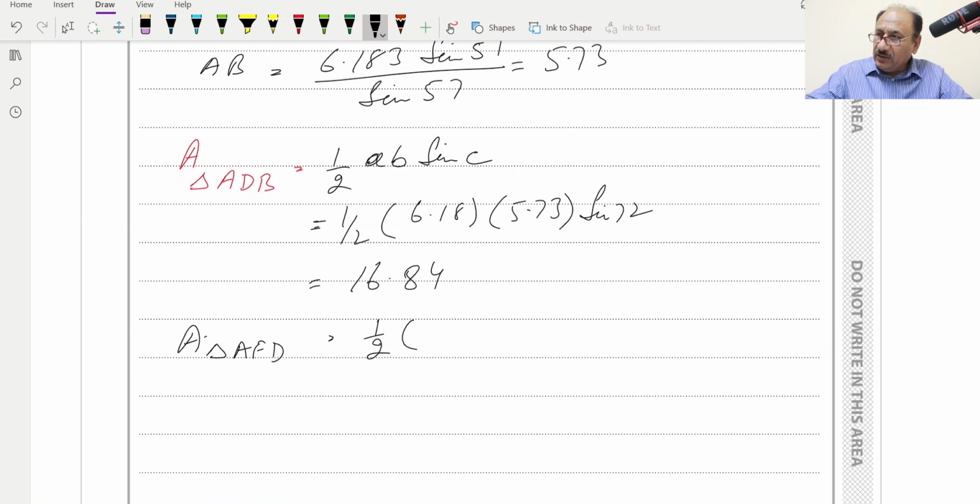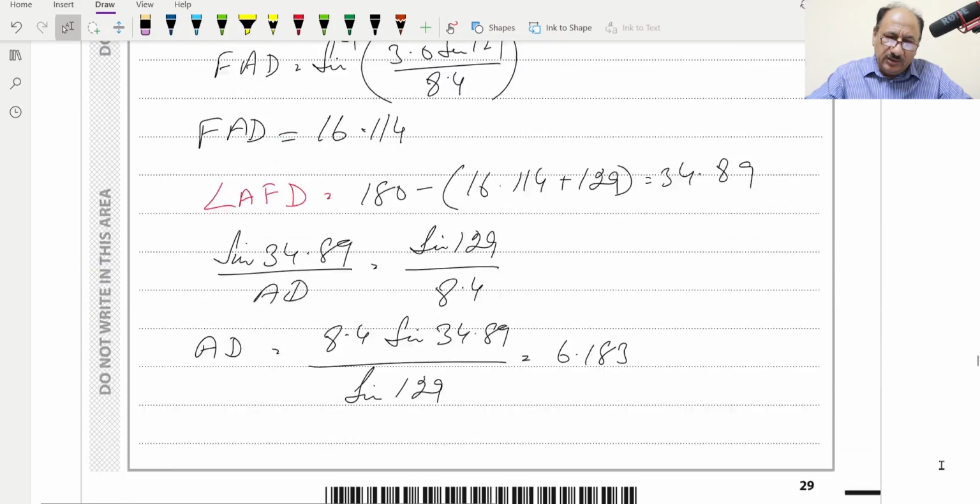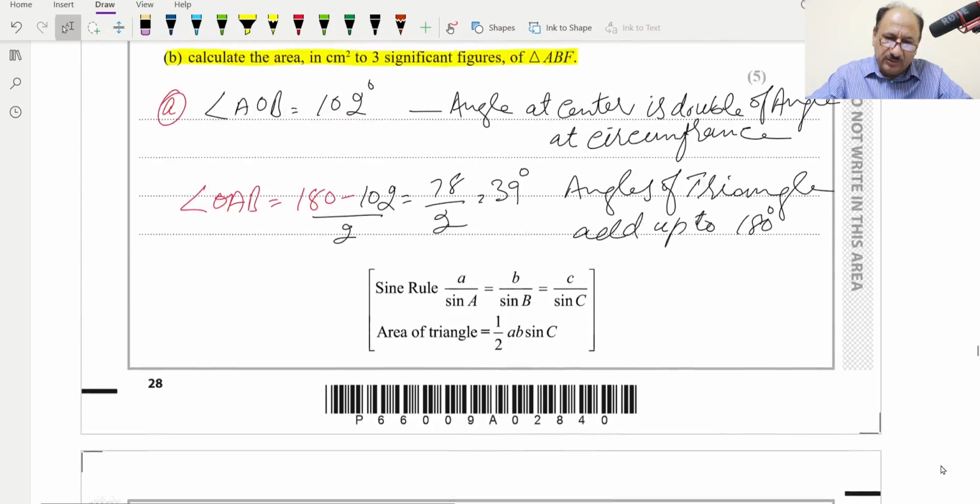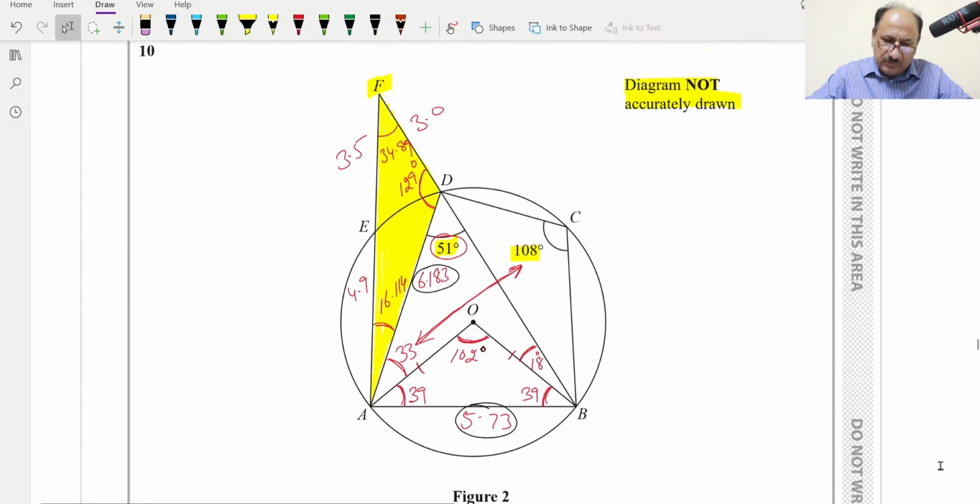Area of triangle AFD will be equal to 1 by 2 into one side, which is 8.4, and the other side, which is 6.18, and sine of 16.11. So we are applying it on AFD, which is this shaded triangle.